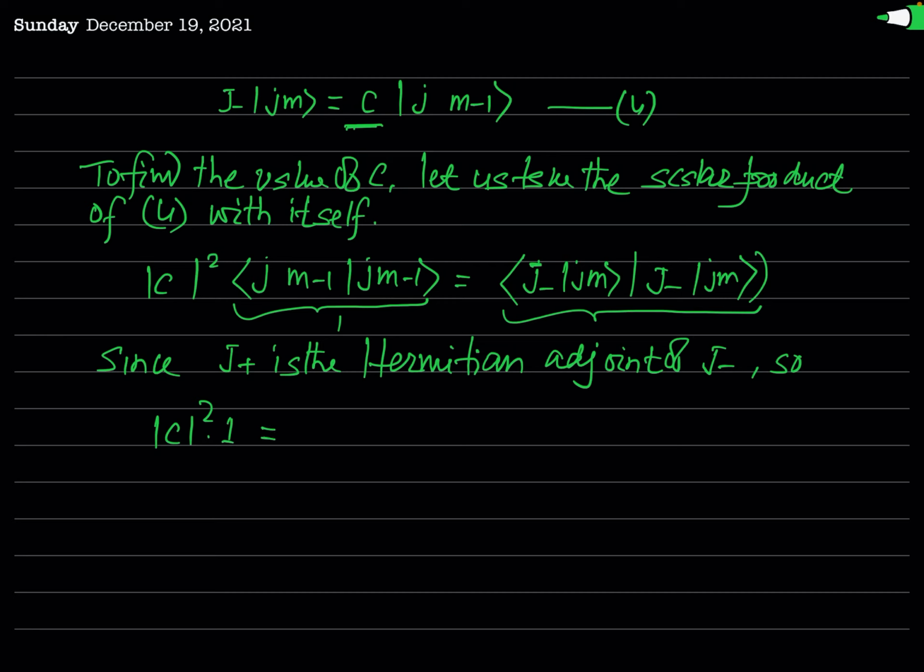This is equal to what? This product, since j plus is the Hermitian adjoint of j minus, so this product in RHS may be written like this. This is <jm| j plus j minus |jm>.